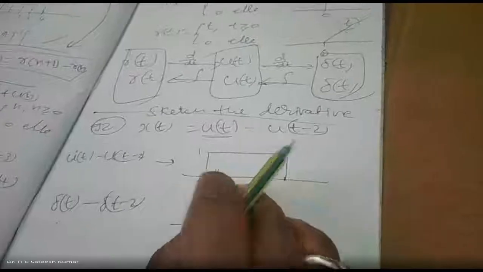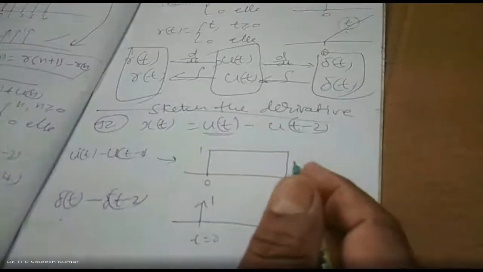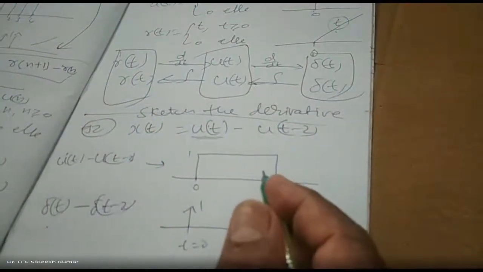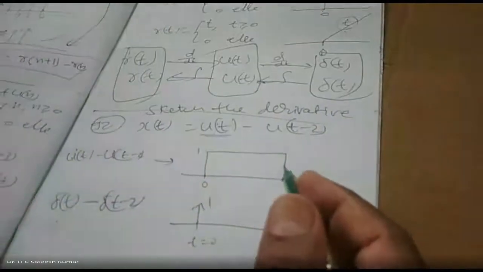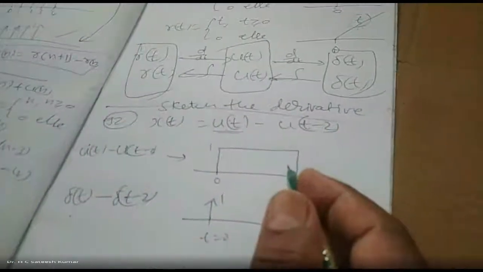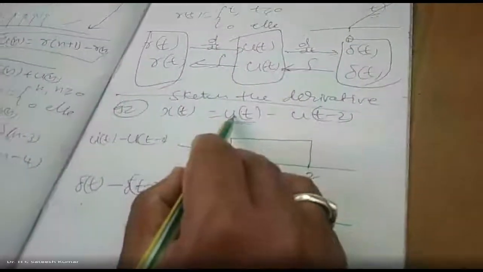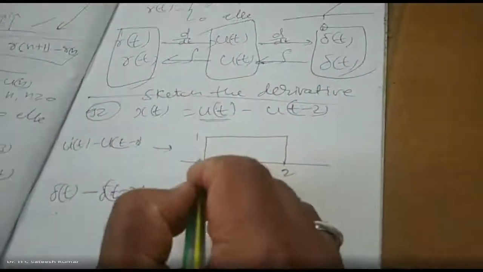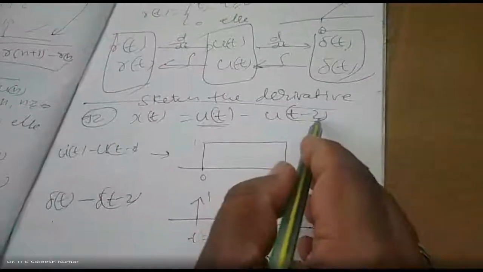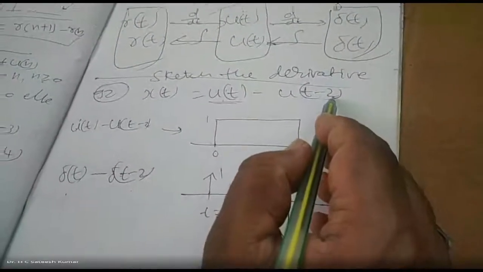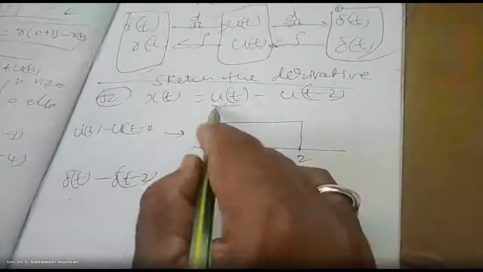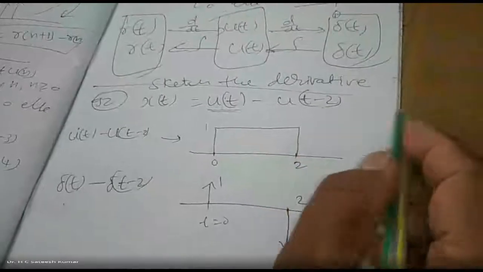So this is one sketching problem. If any confusion is there in sketching the signal, u of t means starting from 0 up to infinity, its value is 1. And u of t minus 2 means starting from 2 up to infinity, its value is 1. Out of 0 to infinity, if you subtract 2 to infinity, we are left with 0 to 2.